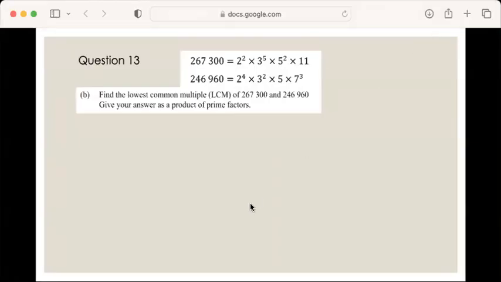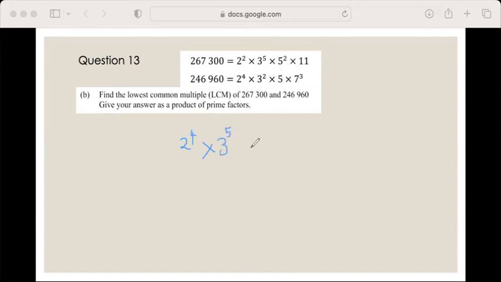Okay. Question 13B is to give the lowest common multiple as a product of the prime factors of these two numbers. So when you find the lowest common multiple, we need to take the highest of the factors. So highest of 2 is 2 to the power of 4, and highest of 3 is 3 to the power of 5.